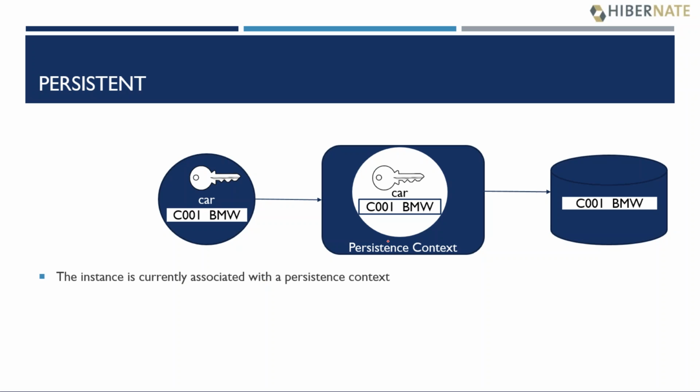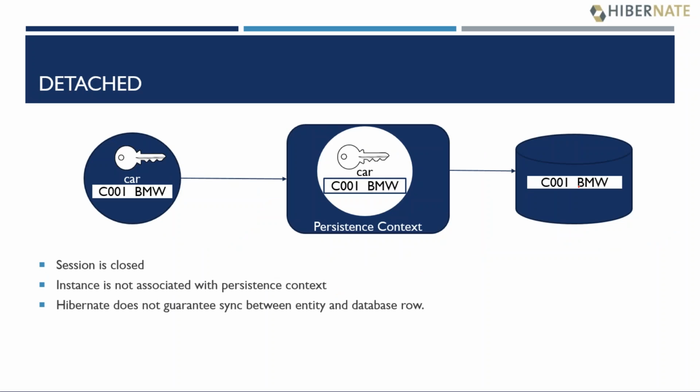That is, if you are making any changes to this, the changes will be reflected over here if the object is associated with the persistence context. In the detached state, the session is closed. Over here you're calling the session as closed. So the object is not associated with the persistence context.